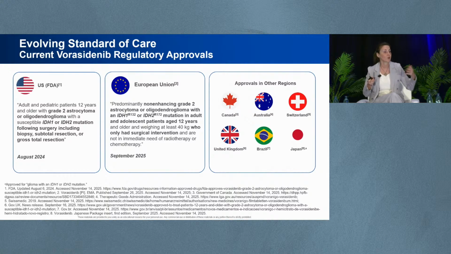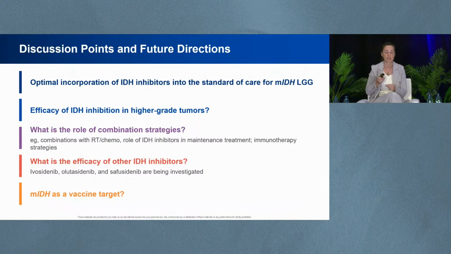So no matter where you are in the world, chances are you're going to have an opportunity to use vorasidenib in your practice for IDH mutant patients, and of course that's one of the topics of the discussion today. Now, as you may have noticed, the regulatory approval is across the world for grade 2 IDH mutant gliomas.